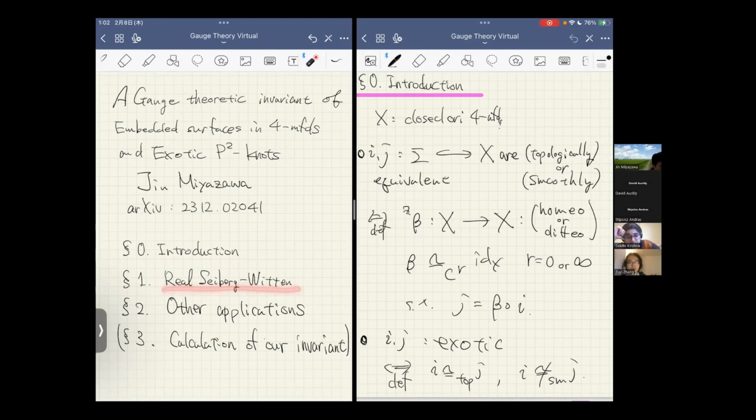This is used to construct our invariant of embedded surfaces in four manifolds. And in the third section, I will explain other applications of our invariant. And if time permits, I will explain how to calculate our invariant for specific 2-knots. So let's start the seminar.